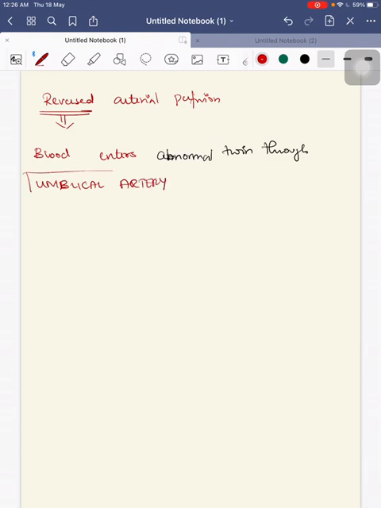But this umbilical artery normally carries the blood away from the fetus to the placenta. But in the abnormal twin, blood enters through the umbilical artery.